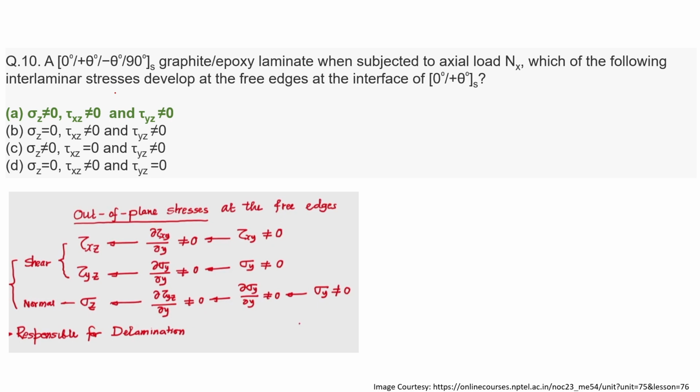The last question is that a 0 degree, plus theta, minus theta, 90 degree symmetric graphite epoxy laminate, when subjected to axial load Nx, which of the following interlaminar stresses develop at the free edge at the interface of 0 and plus theta?